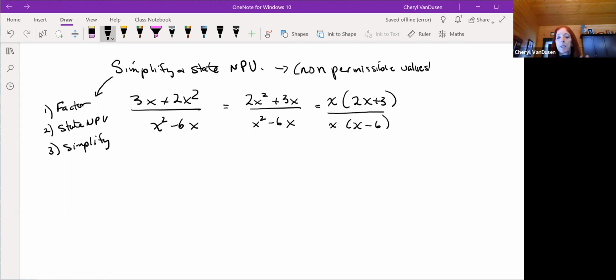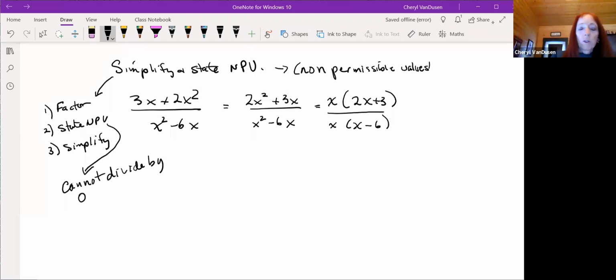Now, before we do any simplification, we want to state non-permissible values. So I need to talk about what those are. Non-permissible values stem from the fact we cannot divide by 0. We all know at this point in our math career and in life in general, we cannot divide by 0. So we have to lay out for the reader that all our work will be valid as long as the value of x is not non-permissible, that will make the bottom a 0.